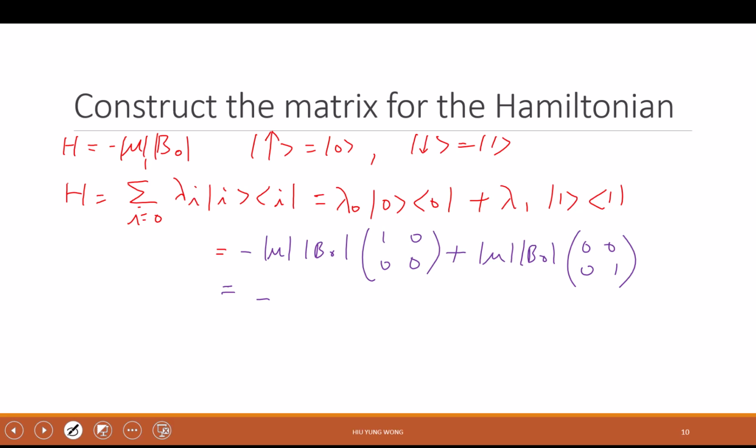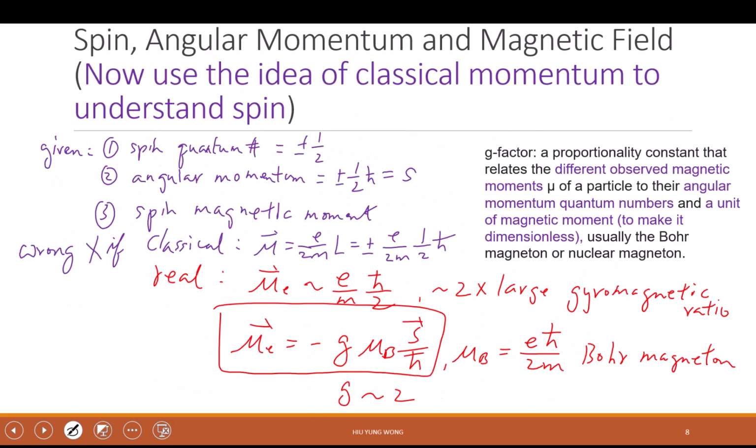Look at this one. The mu is equal to 2 times the Bohr magneton, so this gets cancelled. Or just look at this: e h-bar divided by 2m is the mu, okay?